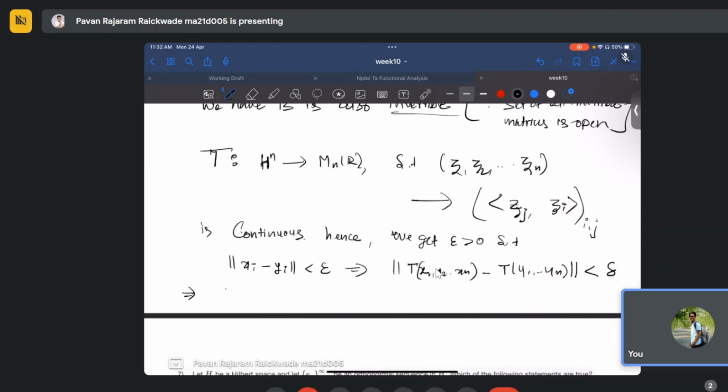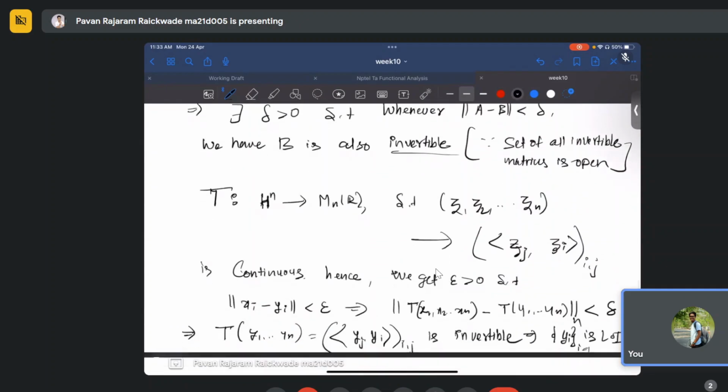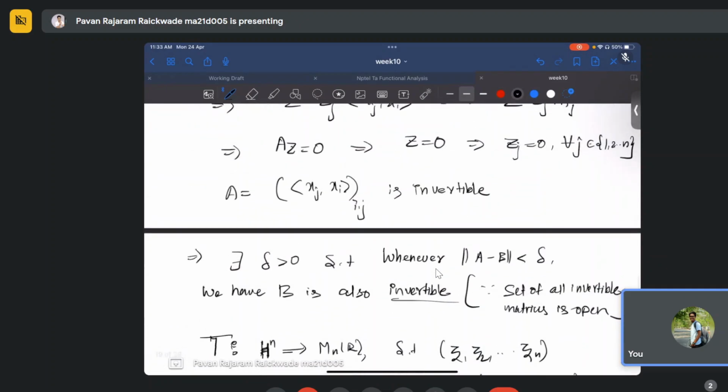That means T of (y1 through yn), the matrix of inner products of yj with yi, is invertible. That means the set yi is linearly independent. I hope this argument is clear. This is just a use of openness and of continuous mappings.